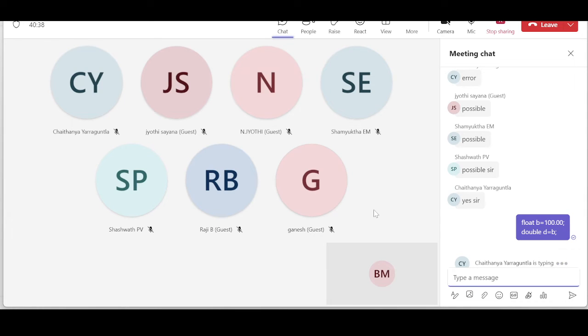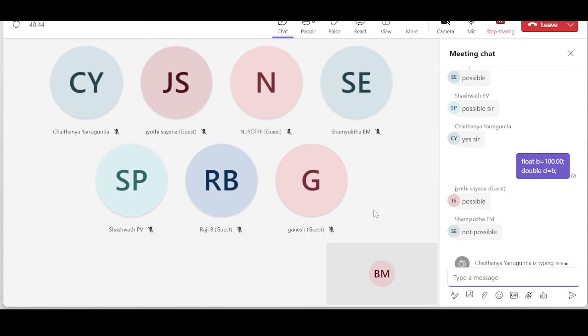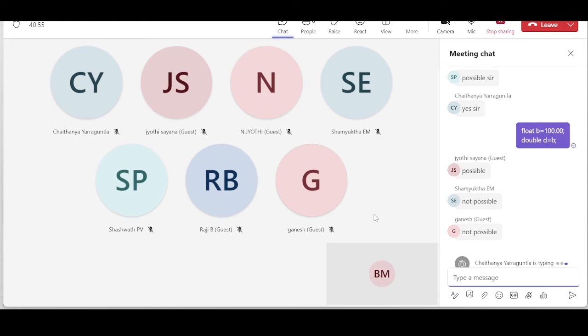Jyoti says possible. Samikta says not possible. Ganesh says not possible. The people who are saying not possible, can you also tell me the reason?